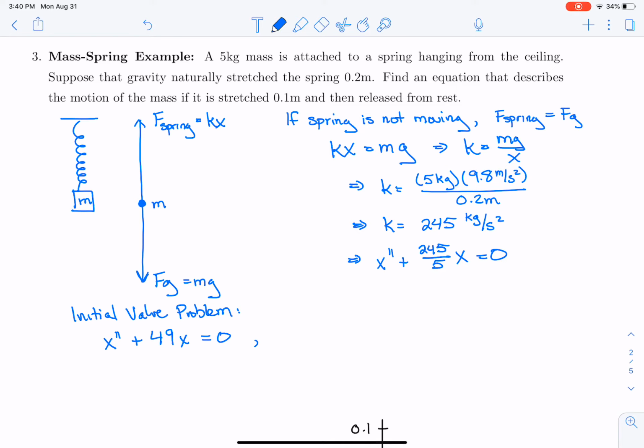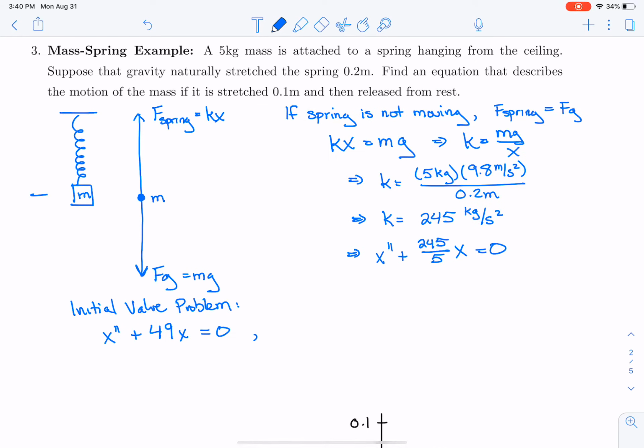Now, what other conditions do we have besides the differential equation? Well, it says find an equation that describes the motion of the mass if it is stretched 0.1 meters and then released from rest. Okay, so I'm going to make sure that I understand what my axes represent. I'm going to let y point up here. That's going to be 0. I'm going to stretch it 0.1 meters to there.